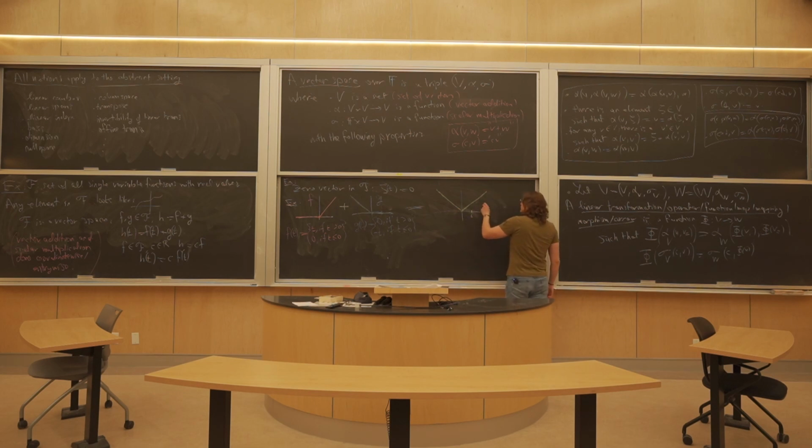So this is f plus g, the absolute value function. I can write it like this: f plus g at t is the same thing as t in absolute value.